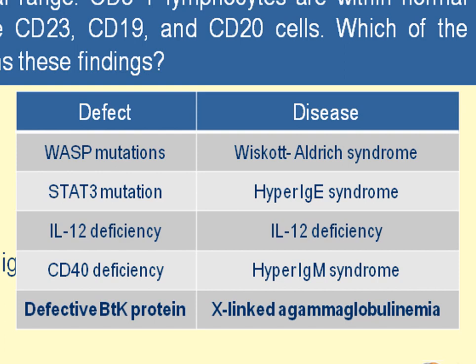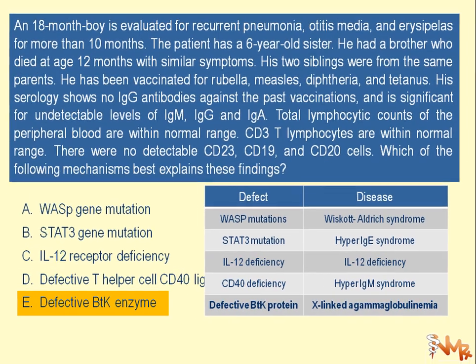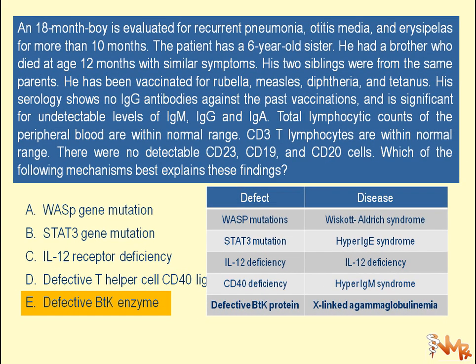STAT3 mutation is associated with hyper IgE syndrome. Interleukin-12 deficiency, as the name implies, causes interleukin-12 deficiency disease. CD40 protein deficiency causes hyper IgM syndrome. And the best answer, defective BTK protein, is associated with X-linked agammaglobulinemia. This is the condition that this 18-month-old boy must have had.